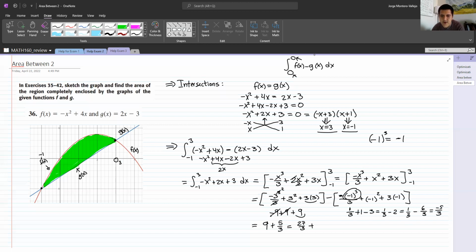Right, you want to make it into a fraction with denominator 3, and 3 times 3, and then plus 5/3. 27 plus 5, that is 32 divided by 3. 32 cannot be divided by 3, so this is then your answer for that part.